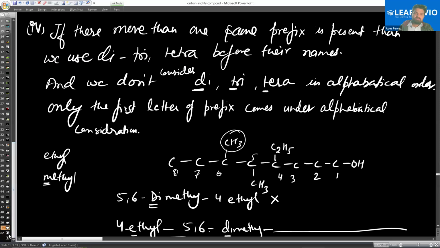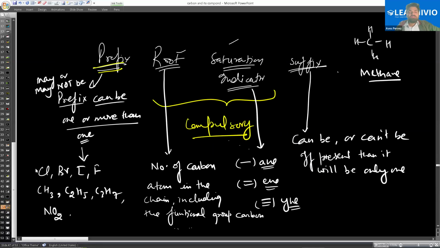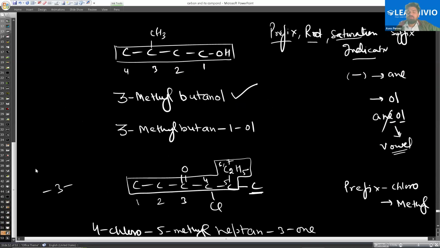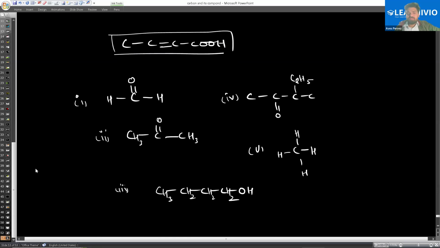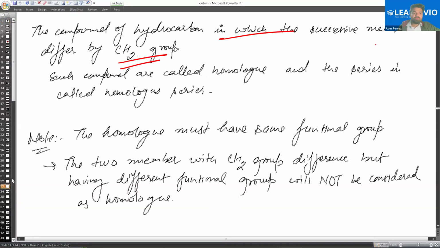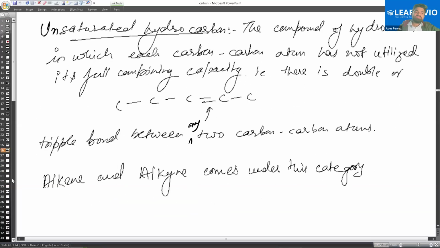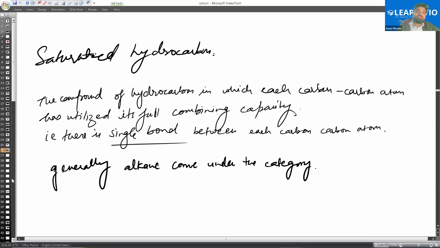So what are saturated and unsaturated hydrocarbons? First, let me explain. Sometimes carbon makes a double bond, sometimes carbon makes a triple bond. What is a saturated hydrocarbon? Saturated means there is a single bond between carbon atoms.